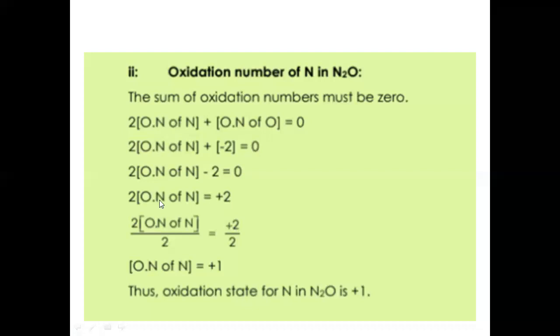So this +2 is the oxidation number of two nitrogen atoms, and for one nitrogen atom we divide both sides by 2, which gives the oxidation number of one nitrogen atom as +1.